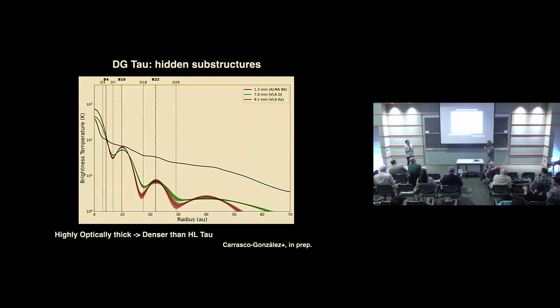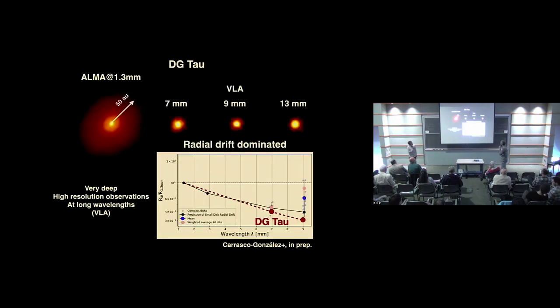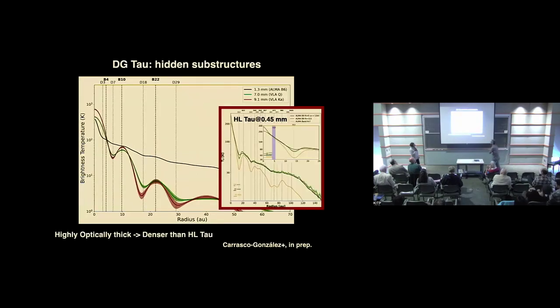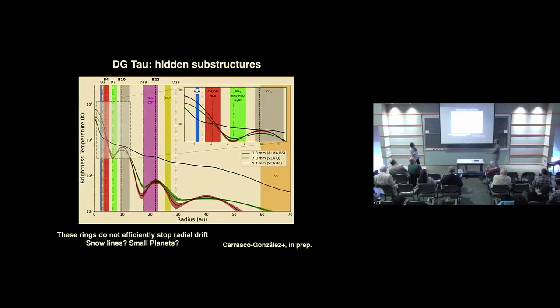So there is no dust trapping here. You say there is no dust trapping? Yeah, we don't see dust trapping, actually. We see that the large particles are highly concentrated, but we see bumps. That's the question: what is causing these bumps? Maybe they are not so strong.